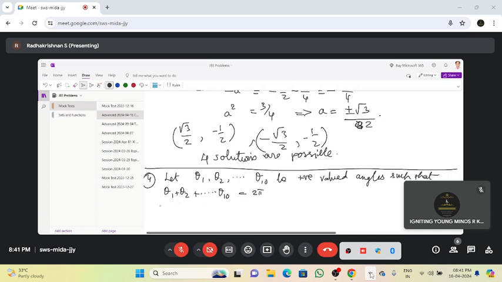Define the complex numbers. Let's say this is Z1. Z1 equal to e power i theta 1. Z2 equal to e power i theta 2. Up to Z10 equal to e power i theta 10.